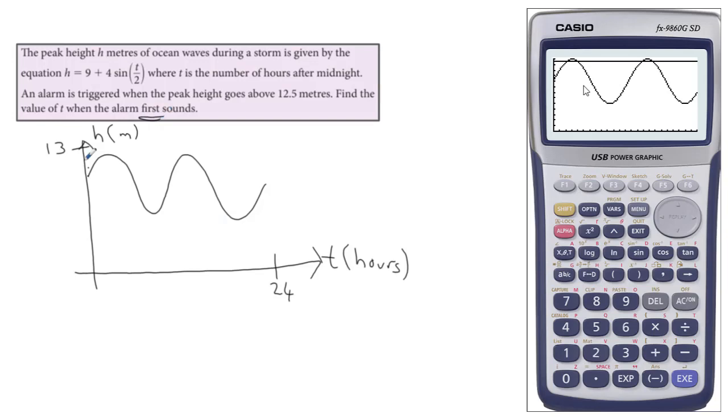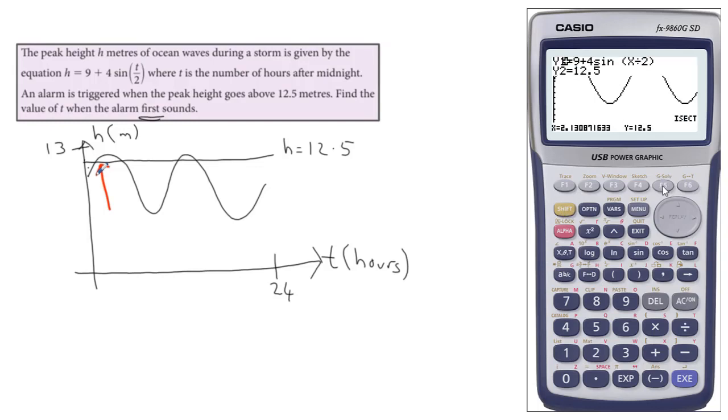If we just draw this line, so that is h equals 12.5. We are interested in that point there. So we're looking to find the intersection. Shift G-Solve, intersection.